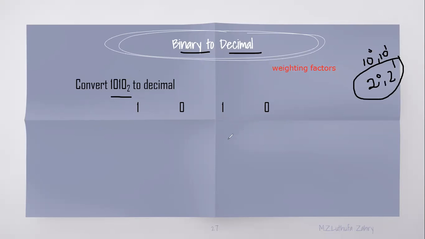So if you want to convert this to decimal, what do you have to do? First write the numbers 1010 and write the weighting factors of it: 2 to the power 0, 2 to the power 1, 2 to the power 2, and 2 to the power 3. Same like the normal decimal, how a decimal number is formed.